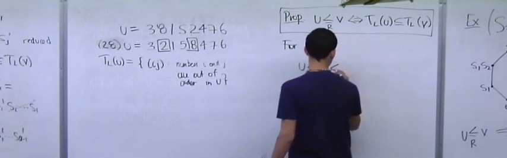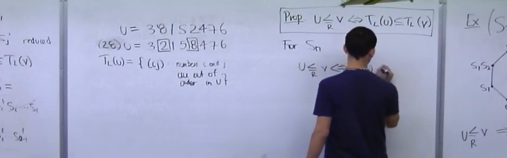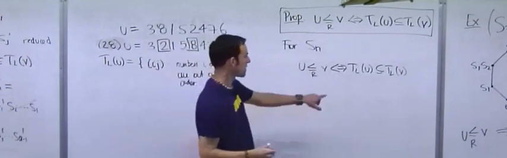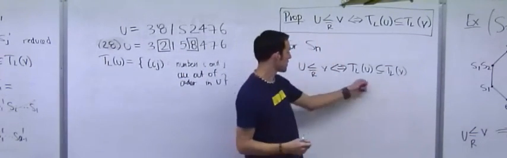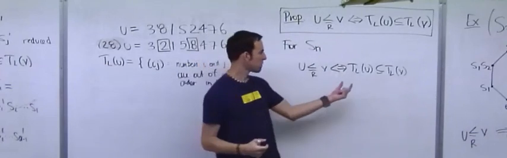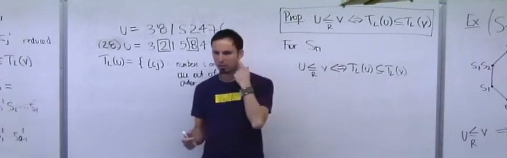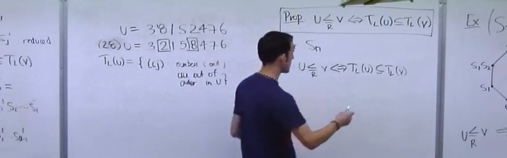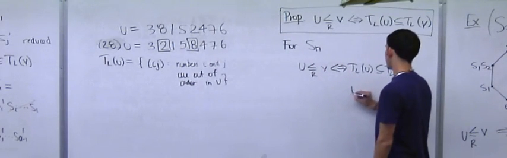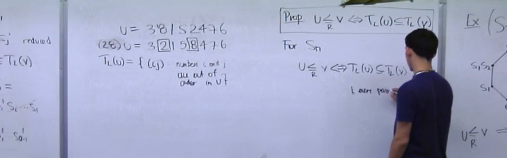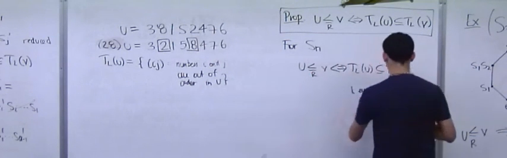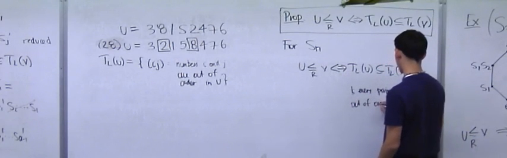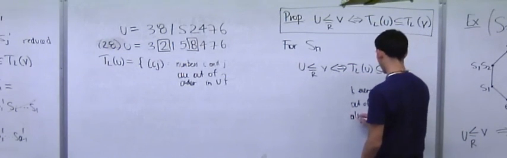So what does this mean? If I would like to check whether these two permutations are comparable, what I do is look and see what's out of order here, what's out of order here, and see basically, so the question is, is every pair that is out of order in U also out of order in V?